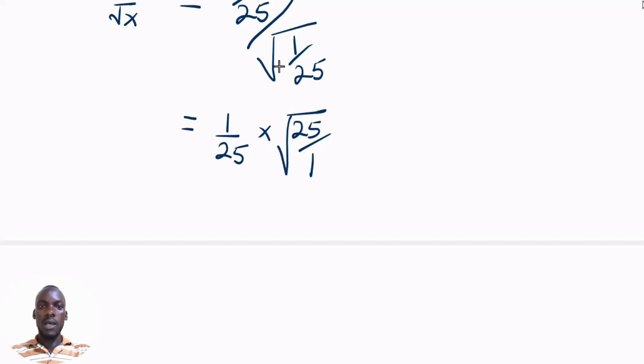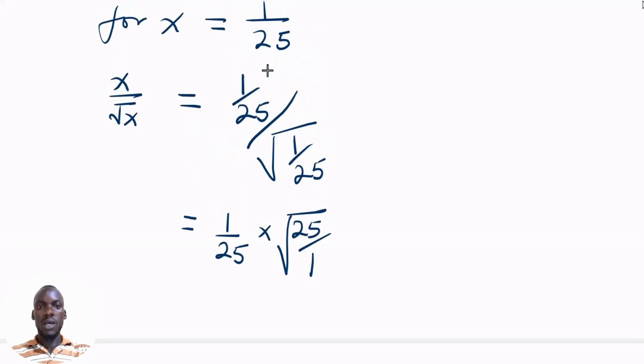Here I've changed this division to multiplication, and that is why I've got the reciprocal of this denominator. Since this is the division sign, I have to get the reciprocal of 1 out of 25, which is the same as 25 out of 1.